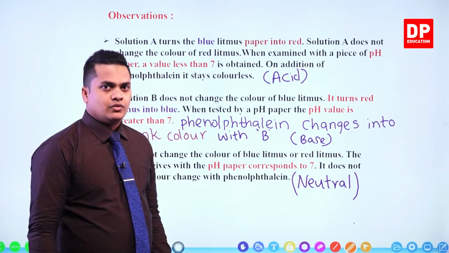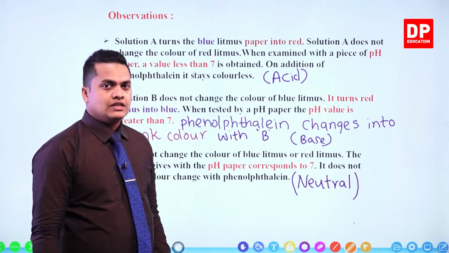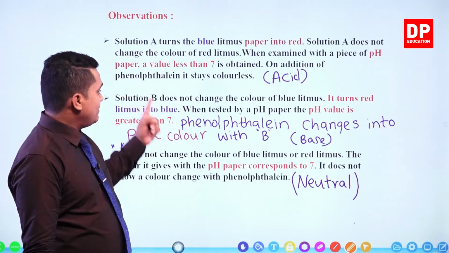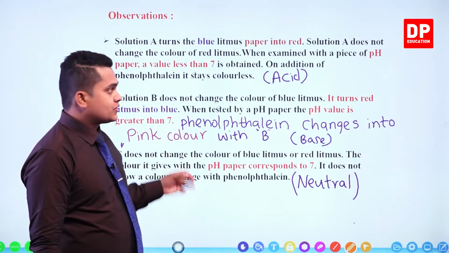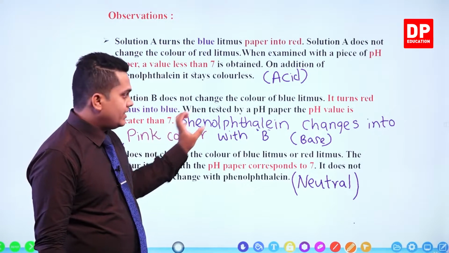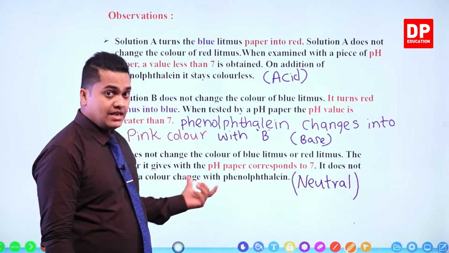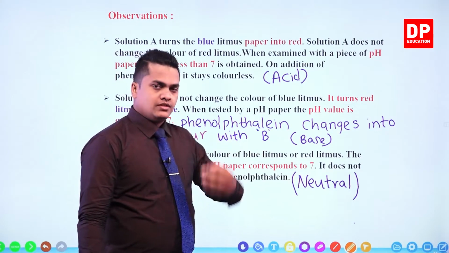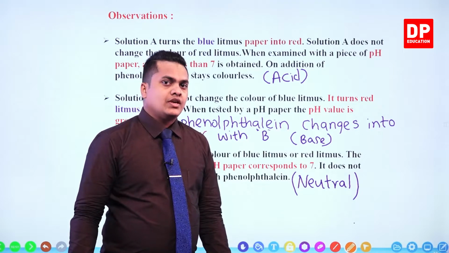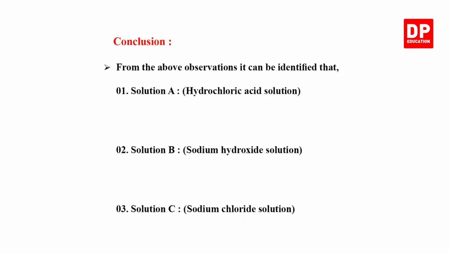Finally, we can conclude the acidic, basic and neutral nature of the substances in A, B and C. So A is a type of an acid, B sodium hydroxide a type of a base, C sodium chloride a neutral substance. Right then, conclusion.